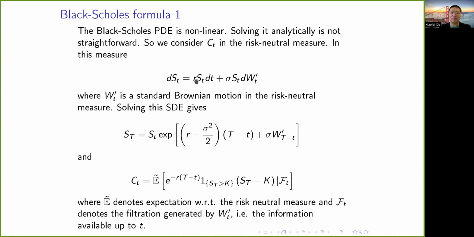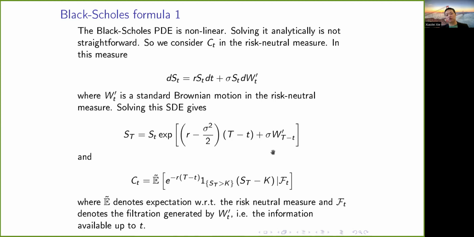We see that we have replaced the drift coefficient with the risk-free rate R, and we have replaced the Brownian motion in the real-world probability measure with a Brownian motion in the risk-neutral measure. So we can solve this SDE in the risk-neutral measure in exactly the same way as we solve the SDE in the real-world measure, and then we will arrive at this expression.